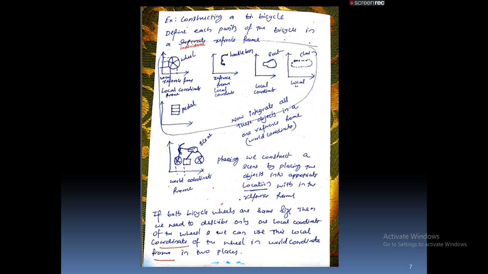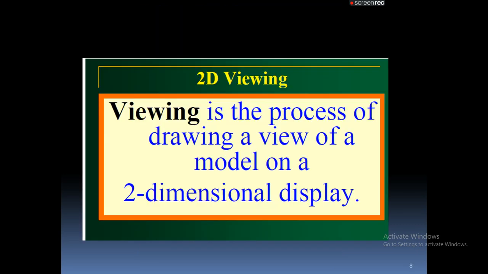Whenever we are creating either a two-dimensional image or a three-dimensional image, our first step is to perform modeling. Modeling gives a clear picture or a clear plan of how to create the object.